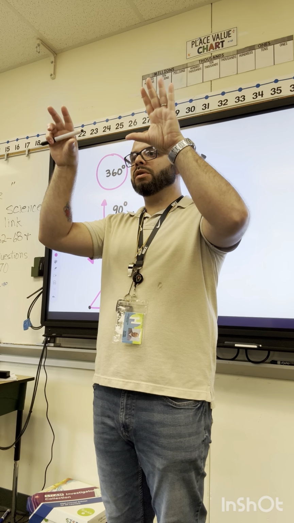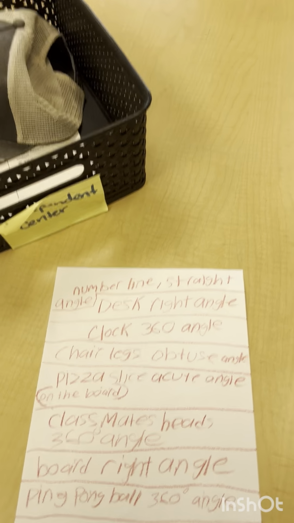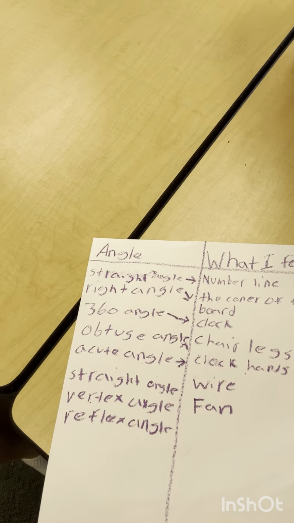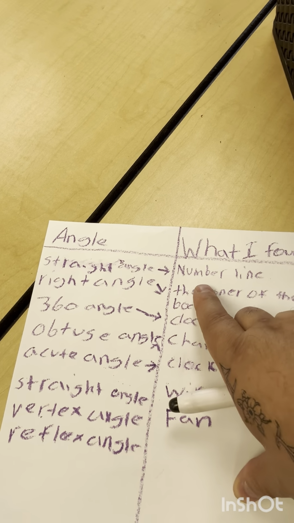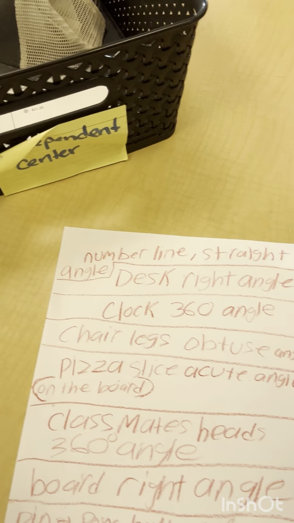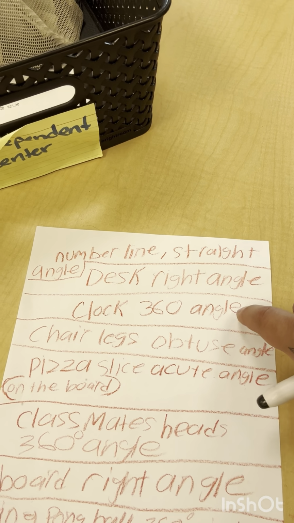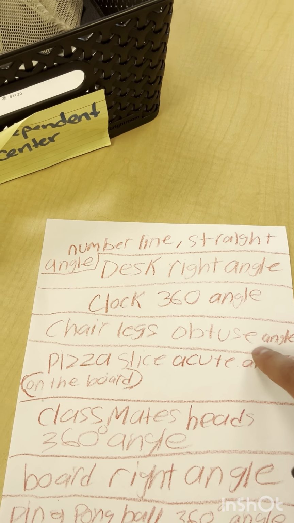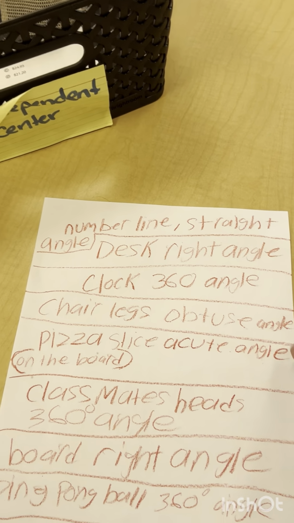Good, Adam. Very good. Let me see, Jake. Wow, very nice. So you got straight angle, number line, right angle, corner of the board, the clock, 360. Beautiful. The chair legs, obtuse angle.